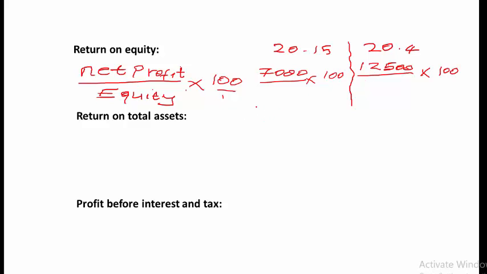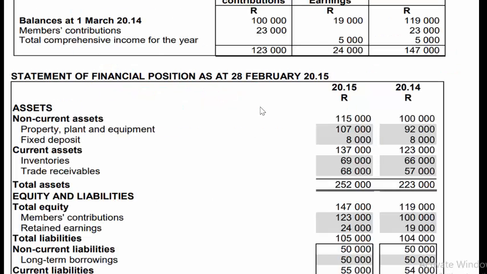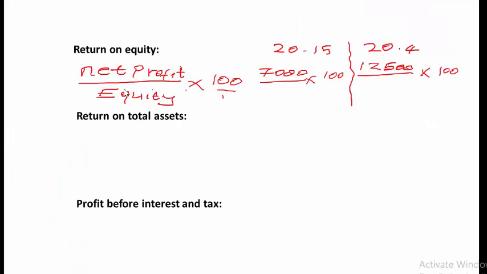So let's go to the balance sheet and check for the equity. Total equity according to the balance sheet is 147,000 for 2015 and 119,000 for 2014. So let's go back to the solution and start putting down the correct amounts: 147,000 and 119,000.